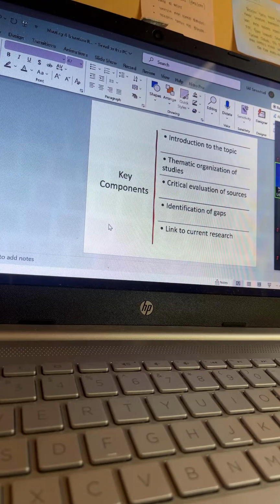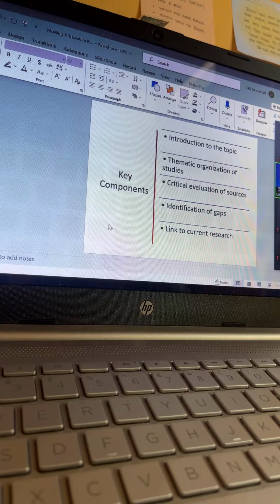The key components of the literature review section, as you have already studied in the journal that you've downloaded, are basically about introducing the topic. You start by telling your readers what theories are informing this study, and then what previous studies are also used to inform this study.